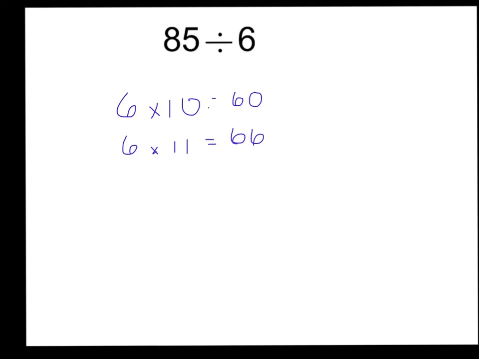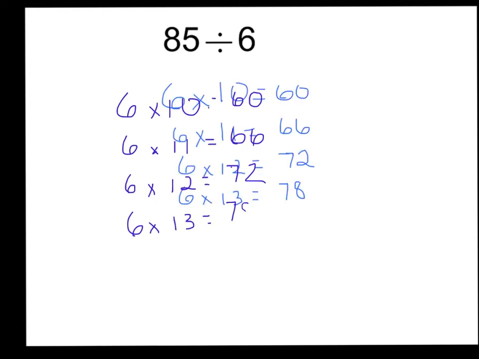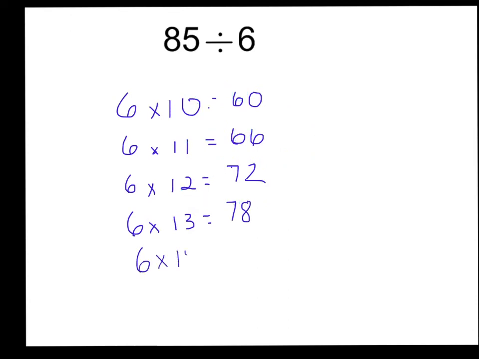I have to keep going. 6 times 12. 12 groups of 6 would be 72. I'm not to 85 or above it yet, so I must keep going. 13 groups of 6 is 78. I'm getting closer. 6 times 14 is going to be 84.